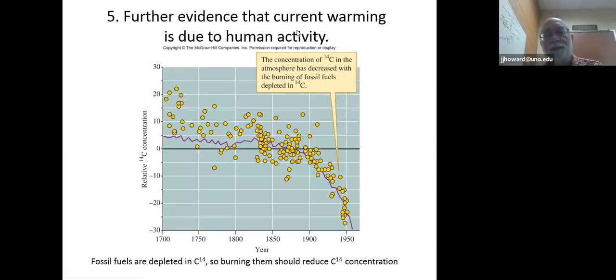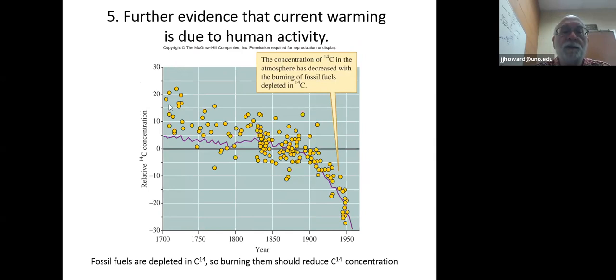Now, here is the smoking gun. This tells us that, in fact, CO2 in the atmosphere is being put there almost exclusively by humans. Okay. This is the concentration of the C14 isotope in the atmosphere. So here's the relative concentration.